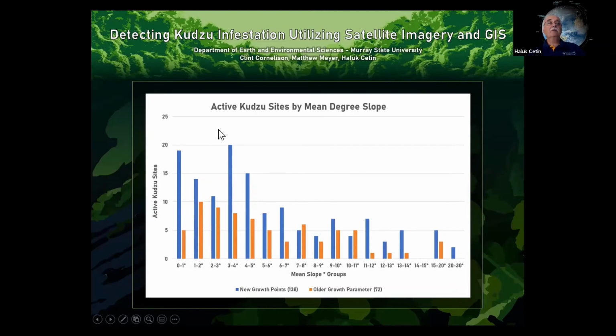But the majority of the Kudzu locations had slope values, when we look at the median, probably around 3-4 degrees.